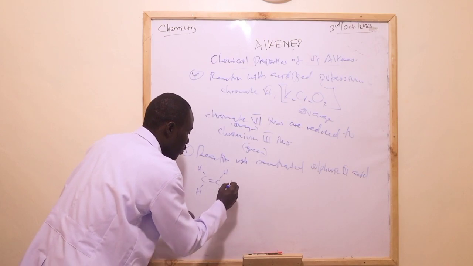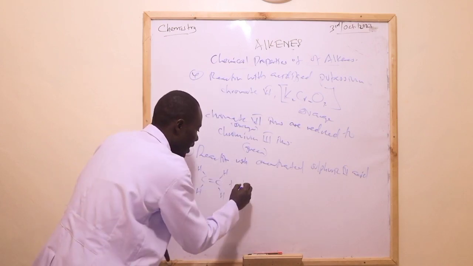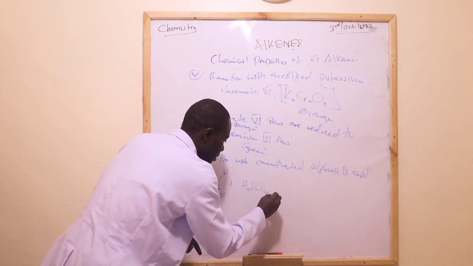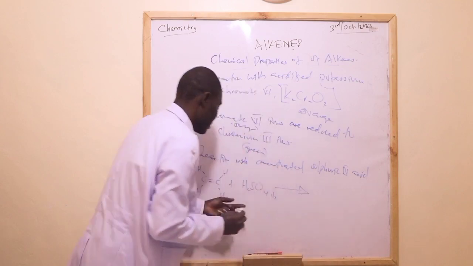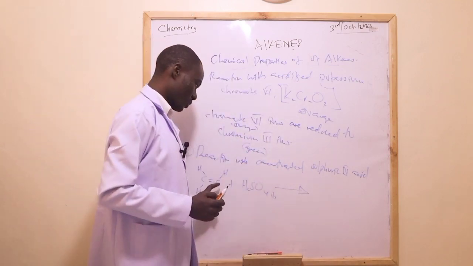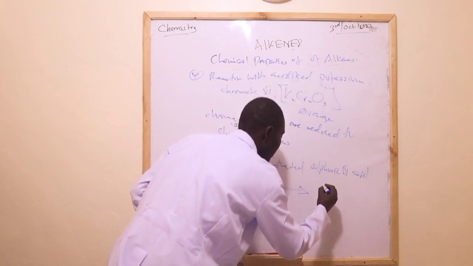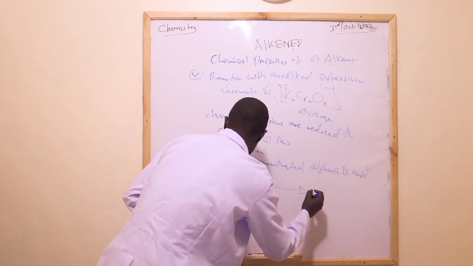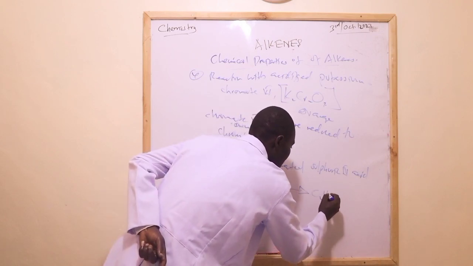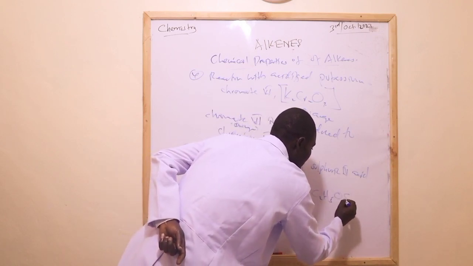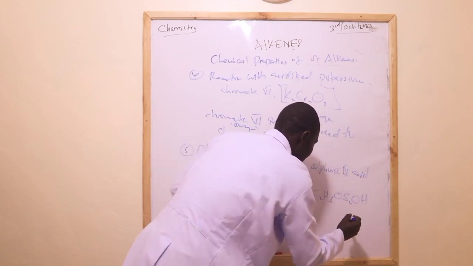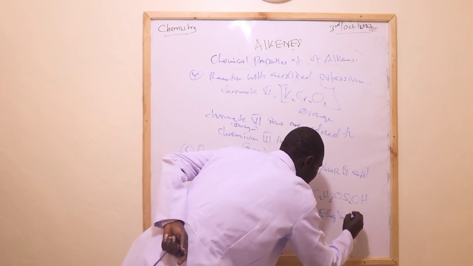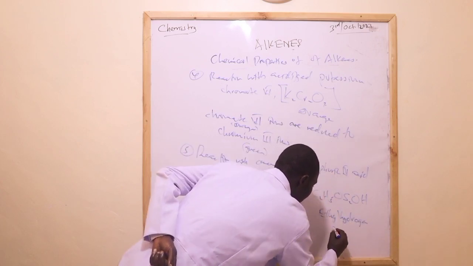In this case, we react it with concentrated sulfuric 6 acid in liquid state, and what will happen is that it will form one compound called ethyl hydrogen sulfate. Ethyl hydrogen sulfate is C2H5OSO2OH. This is ethyl hydrogen sulfate.